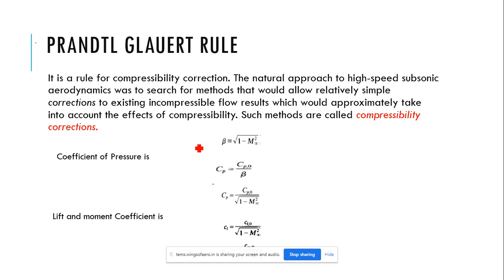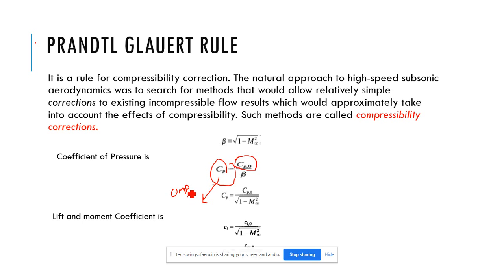From this Prandtl-Glauert rule, what we conclude is the coefficient of pressure Cp equal to Cp0 divided by beta. Here Cp0 is the coefficient of pressure for incompressible flow, and Cp is for compressible flow.